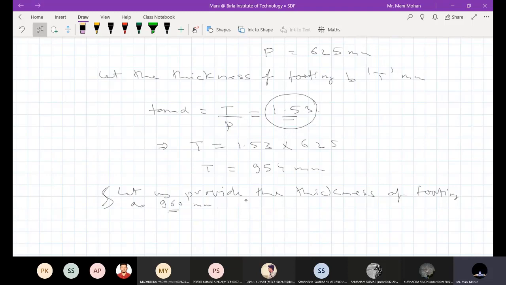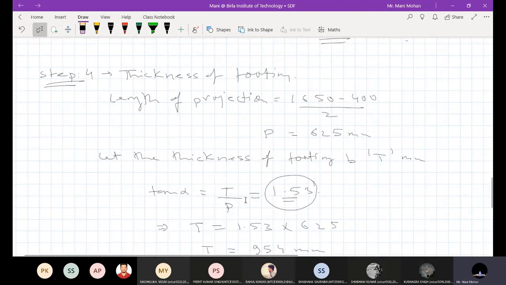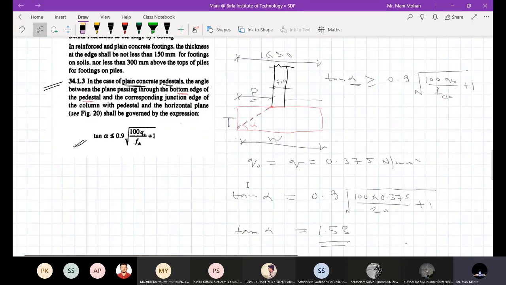Okay, and how can you ensure this dispersion to be less? So please see this expression. Whenever you are looking into these things, you should always have a thought on all these things. See the formula, you'll be able to know how I can reduce this tan alpha. So this is the expression of tan alpha. Okay, so here it is talking about 0.9 root over Q naught by fck.